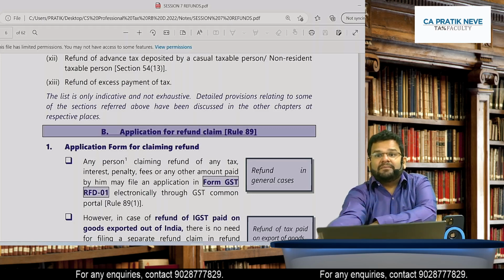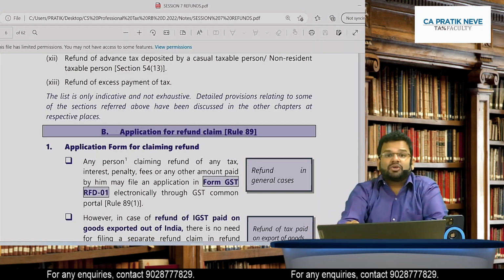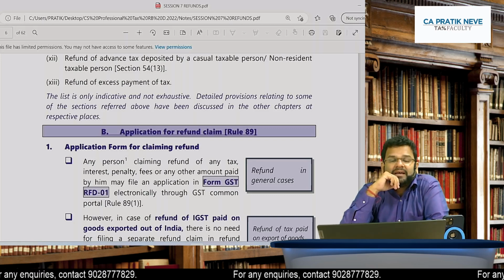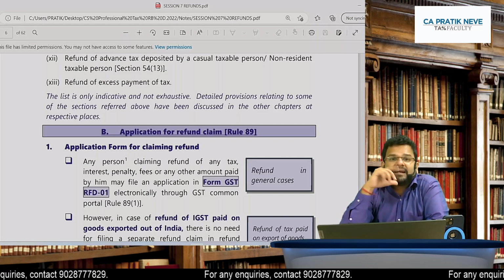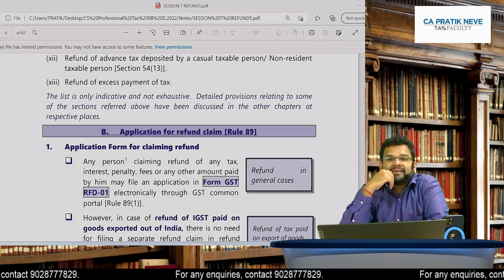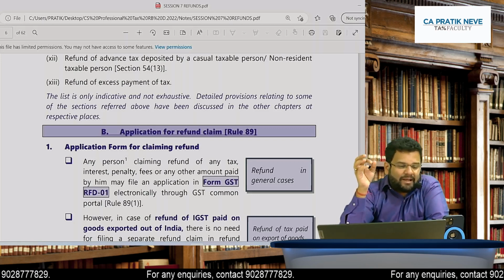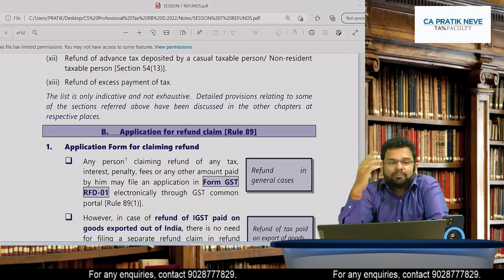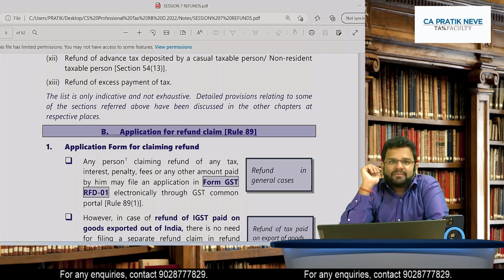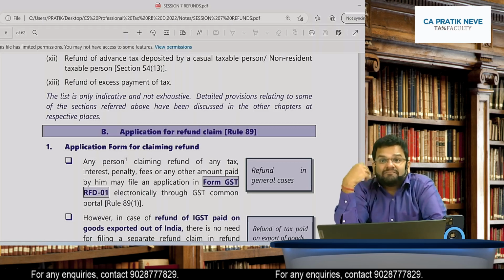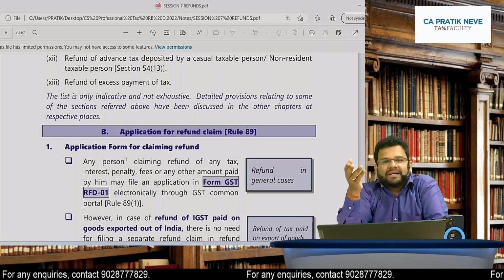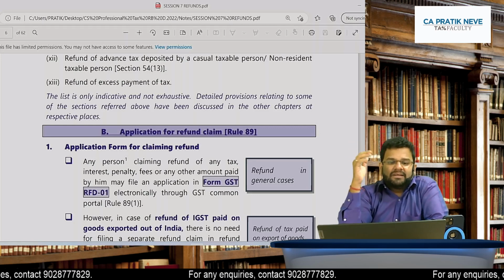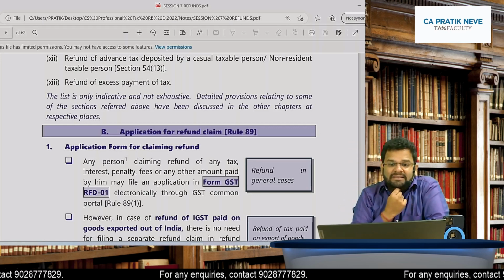The provisions in section 27, special provisions for CTP NRTP. They have to pay taxes in advance and their registration lasts for a maximum of 90 days. They have to pay on an estimate basis. So in case they have paid excess, then of that excess they can claim refund. And finally, in general, refund of excess payment of tax.